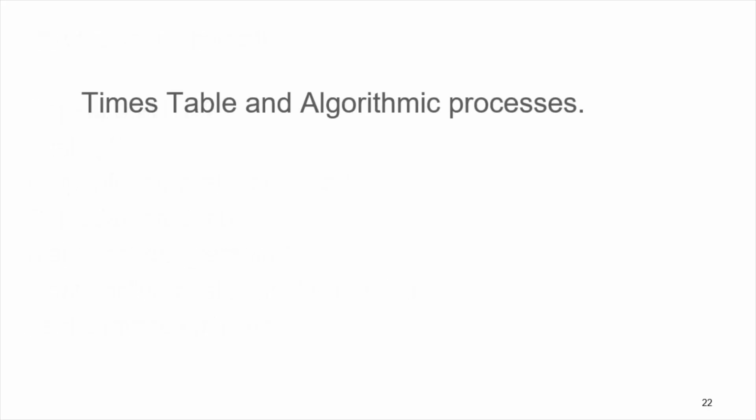I think I'd be doing this topic a great injustice if I didn't say that within multiplicative reasoning we must talk about our times tables and we must talk about algorithmic processes. I think our times tables help us understand what multiplication is, the very formation. And Times Tables Rock Stars does this very well.